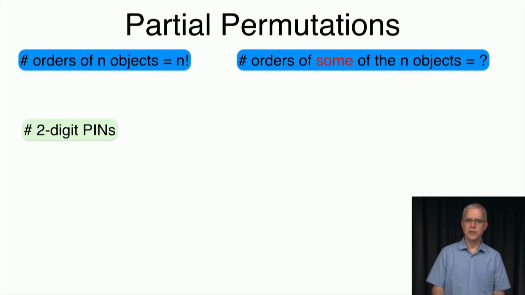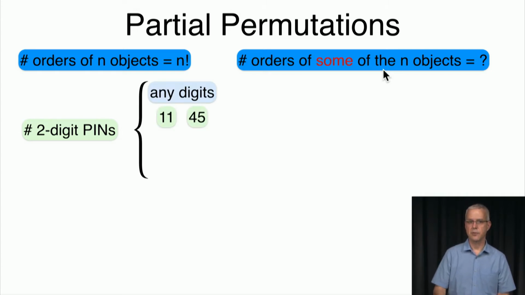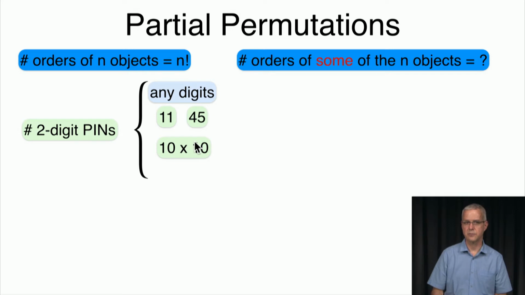Okay. So for example, let's look at pins that consist of 2 digits. If you allow any digits, for example 11 or 45, in other words you allow things to repeat, then the total number of pins is 10 times 10, 10 for the first choice and 10 for the second choice, which is 100.